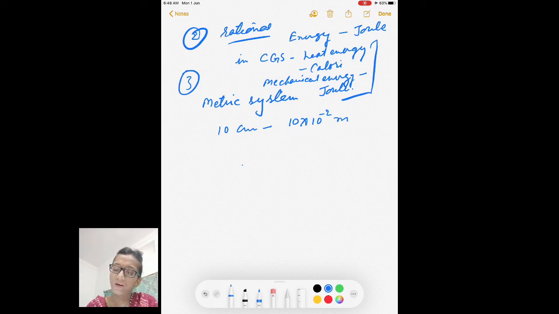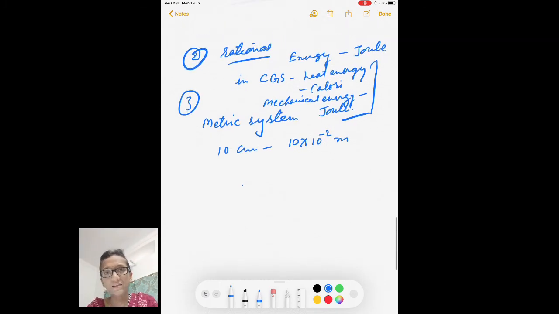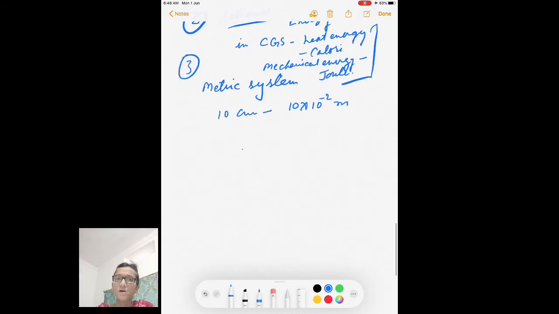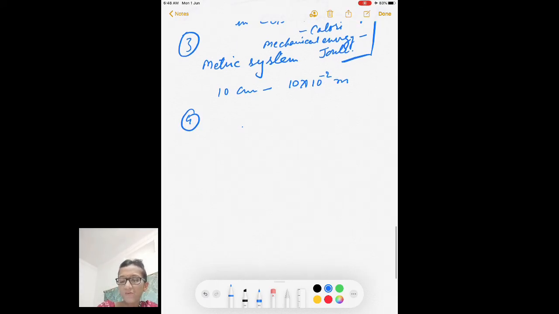So it can be converted into a value in the SI system. So it is very convenient in this way that any unit can be converted from its multiple and submultiple by multiplying a certain power of 10 with that multiple or submultiple. Now it is also advantageous because it is universally accepted.